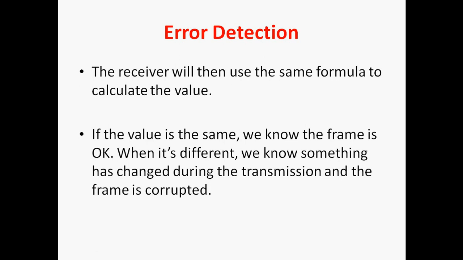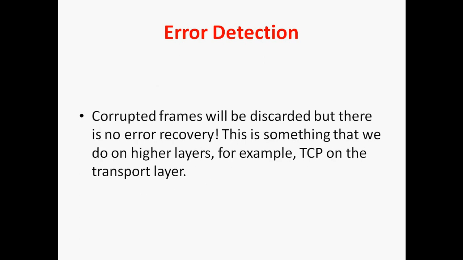When it's different, we know something has changed during the transmission and the frame is corrupted. The corrupted frames will be discarded, but there is no error recovery. This is something we have to do on higher layers, for example TCP on the transport layer.